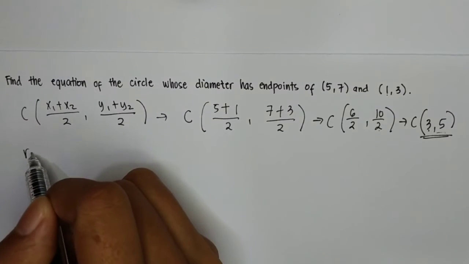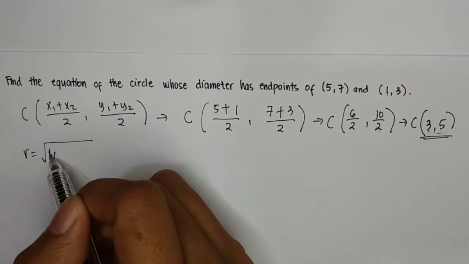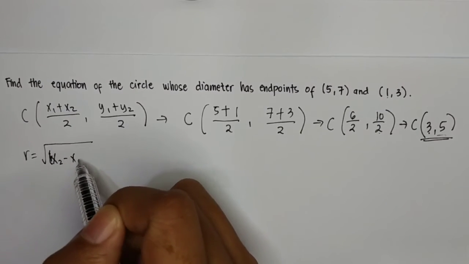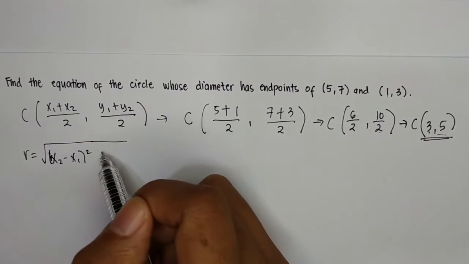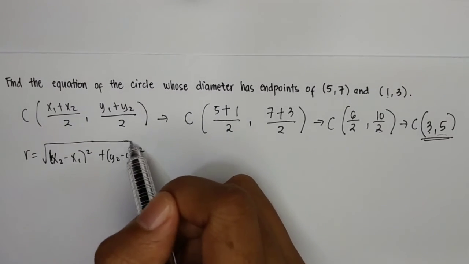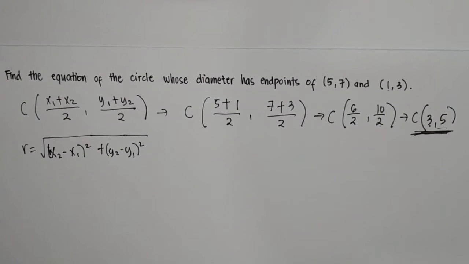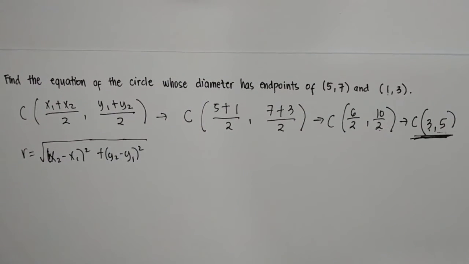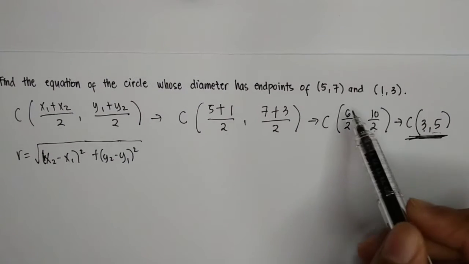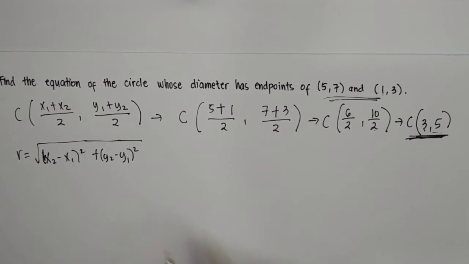So, our radius is the square root of the quantity x sub 2 minus x sub 1 squared plus y sub 2 minus y sub 1 squared. Again, the center point will be our first point, then we just choose one of the two endpoints as our second point.